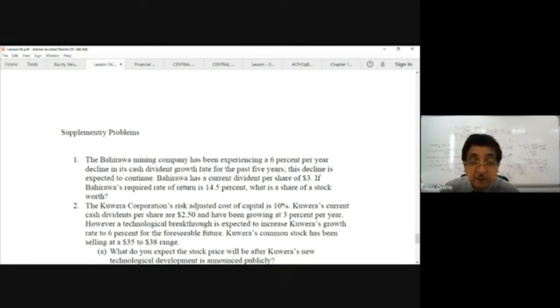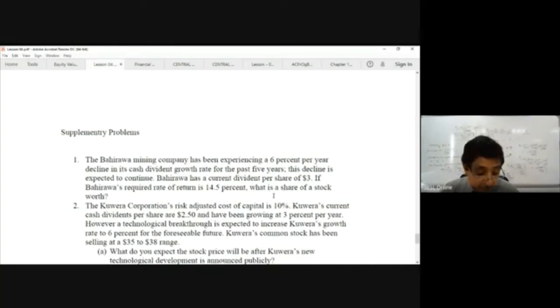In its cash dividend growth rate for the past 5 years, this decline is expected to continue. Bahirav has a current dividend per share of 3. Now what is that? D0 is 3. Required rate of return is also given, that is 14.5. So k is equal to 14.5%. Now stock worth means the price is asked.